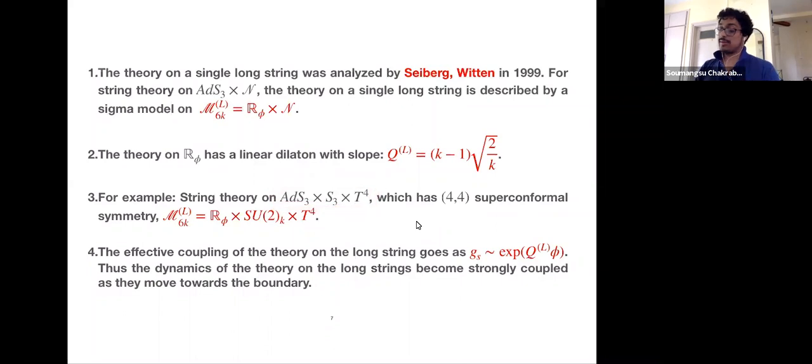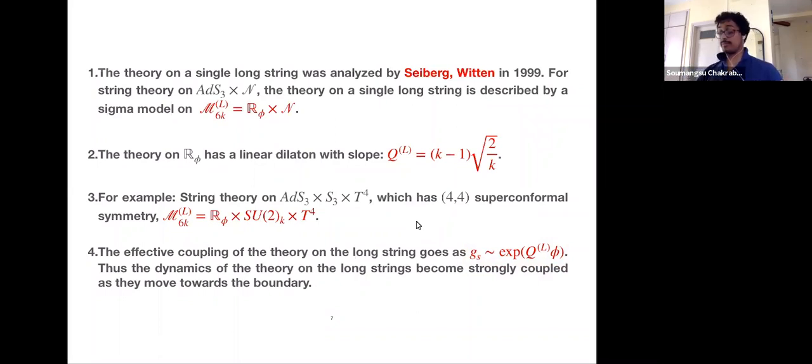Now, if you consider string theory in AdS3 times S3 times T4, perhaps the most well-studied example of string theory in AdS3, the theory on a single long string has (4,4) superconformal symmetry, and M_{6K}^{long} is given by this. One thing you can show is that the effective coupling of the long string grows as you move towards the boundary, because G_string goes as exponential of φ. So the long strings become strongly coupled as you move towards the boundary.